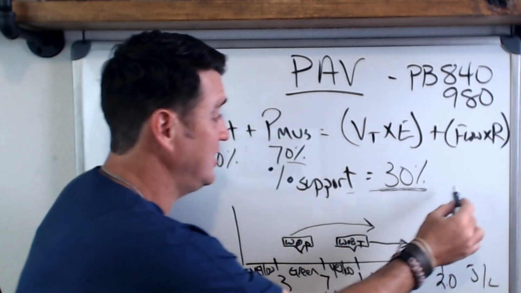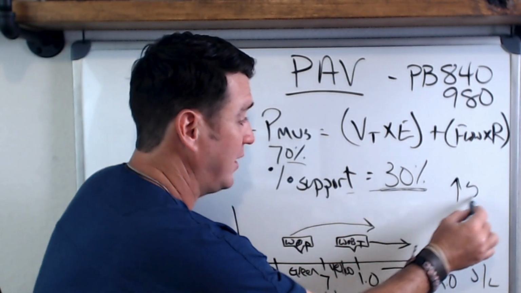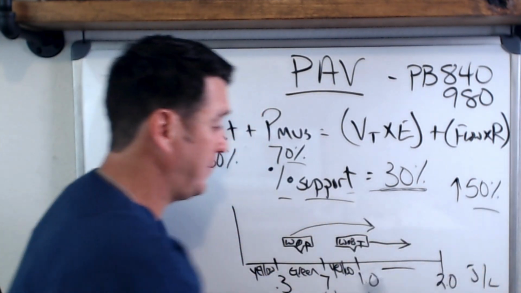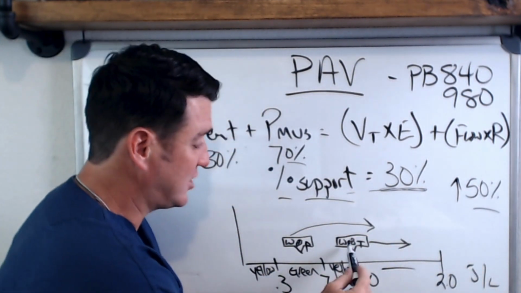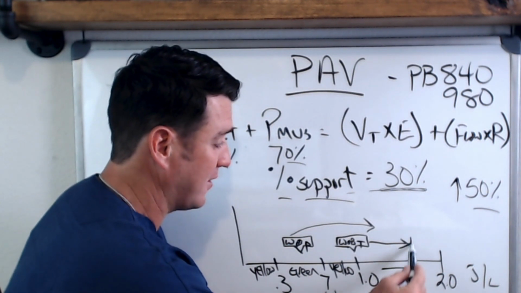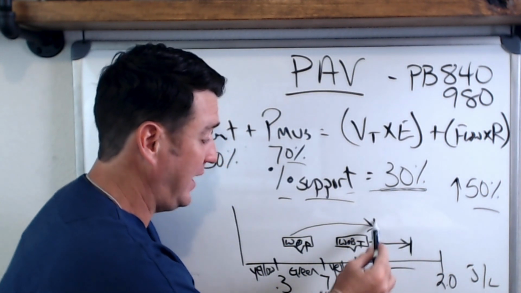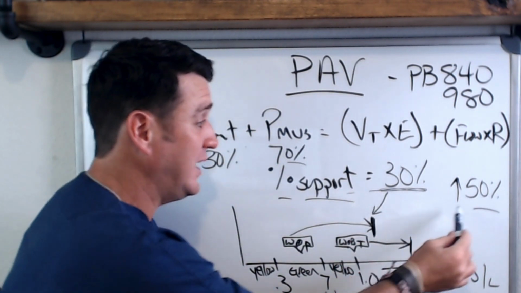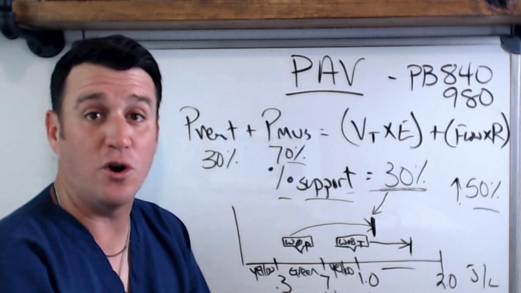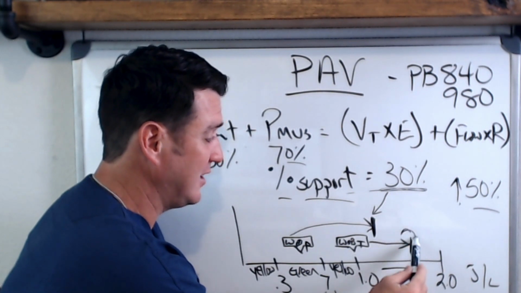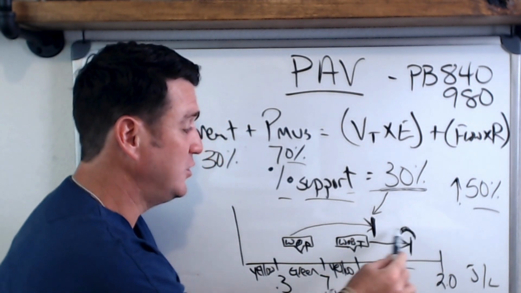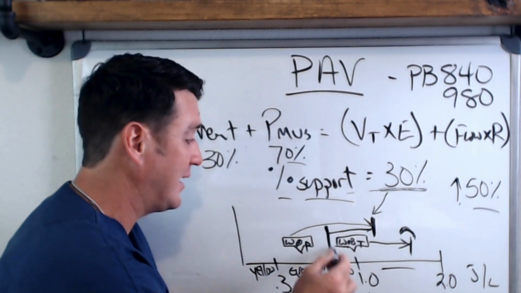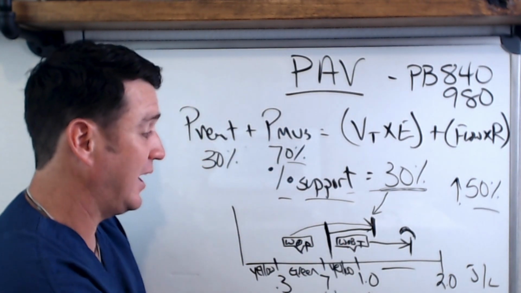If you take this and increase the percent support up to 50%, and let's say the total work of breathing is now here, and the patient's work of breathing is here at 30%, well, when you increase it to 50%, the total work of breathing is still in this area. But what you will find is that the patient's workload will fall back into more of the acceptable area.